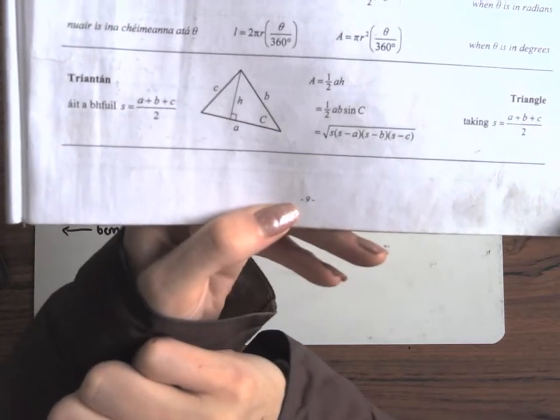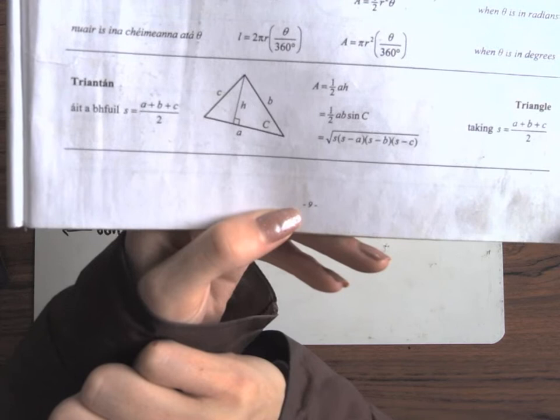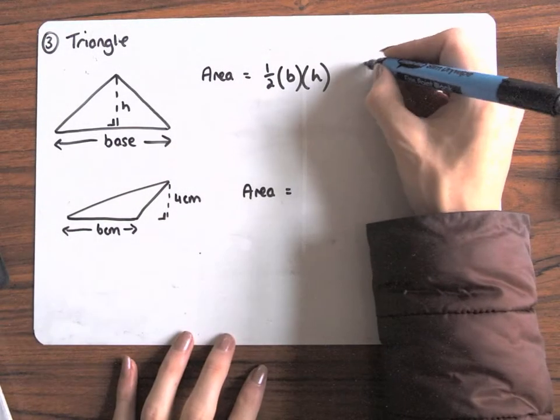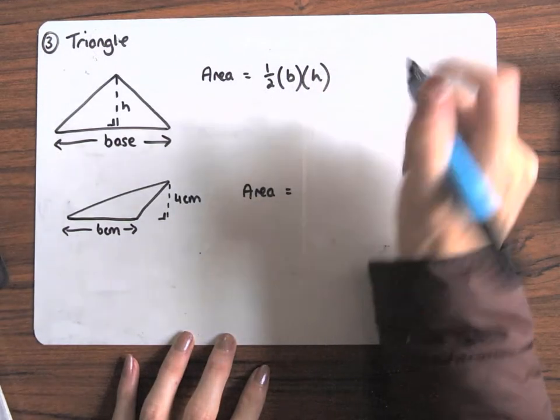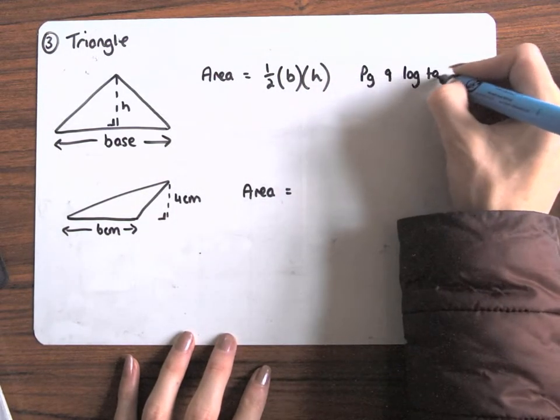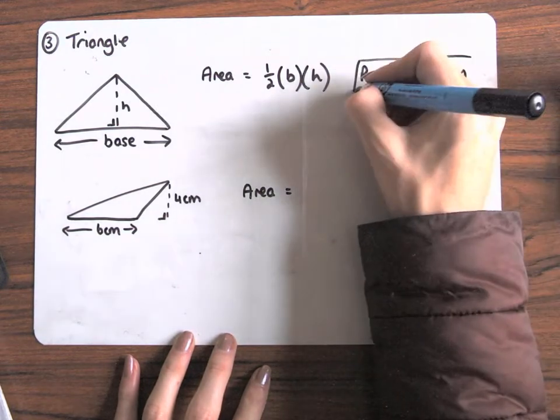Now, you might decide, I'm just going to learn off half the base by the perpendicular height, and that's totally fine. But if you want, that's on page 9 of your log tables. For triangle, yeah.